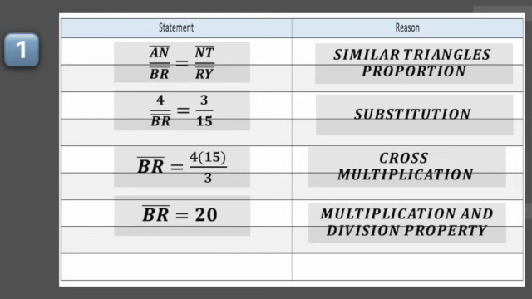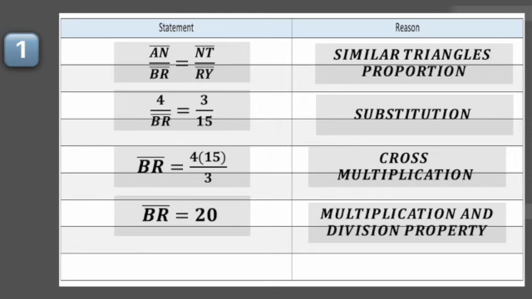Number 1, using the statement and reason. Our first statement is AN over BR equals NT over RY. The reason is similar triangle proportion. Second statement, by substitution, 4 over line segment BR, since this is what we are looking for, equals 3 over 15.